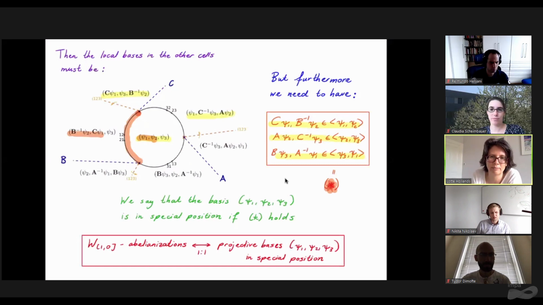Some of these abelianizations can be matched with one of the non-abelianization maps, and some of the others can be mapped with the other one.